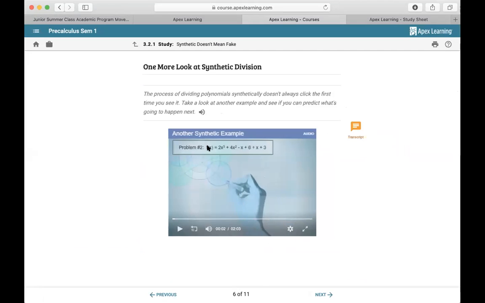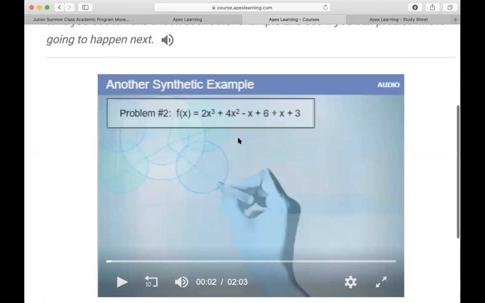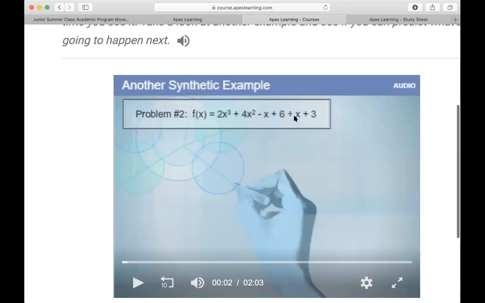All right, so the process here, we have 2x cubed plus 4x squared minus x plus 6, and that whole quantity is divided by x plus 3. You can watch this video on your own, but I want to point out a couple things. First, you've got to check that both of these terms are in standard form: x cubed, x squared, x to the 1st.